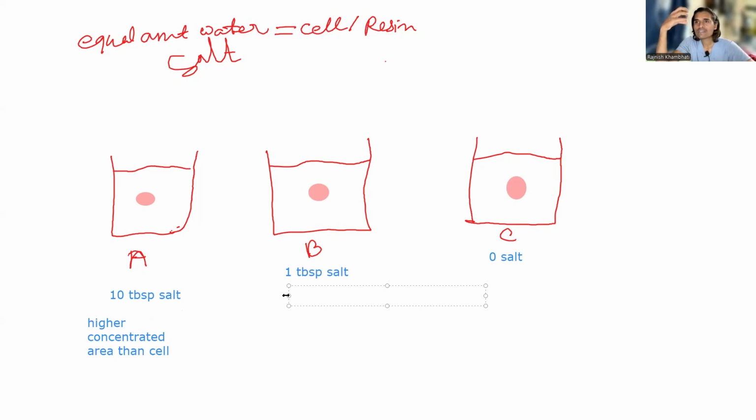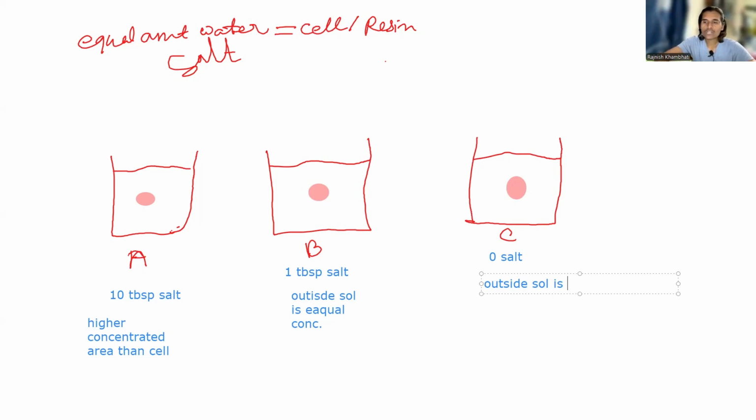The cell cytoplasm has the same concentration, so the outside solution is equally concentrated in B. Whereas in C, because we have added nothing in the outside solution, the outside solution is lower concentrated, because there is nothing in it, but the cell cytoplasm has something.